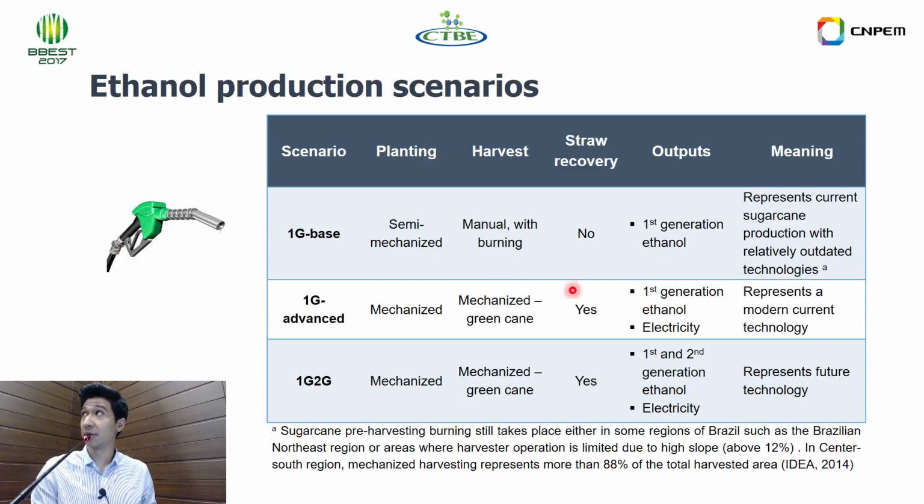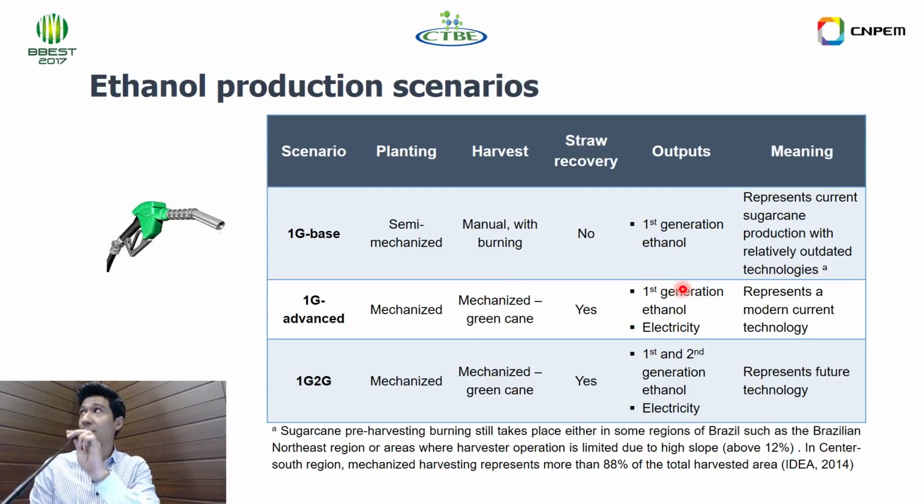So we compared three main scenarios. 1G base, as I said to you, represents a first generation distillery producing only ethanol with relatively outdated technologies, like for example, sugarcane is burned in the field, the harvest is manual, and the planting is semi-mechanized. As we go to the 1G advanced scenario, we have mechanized harvest.